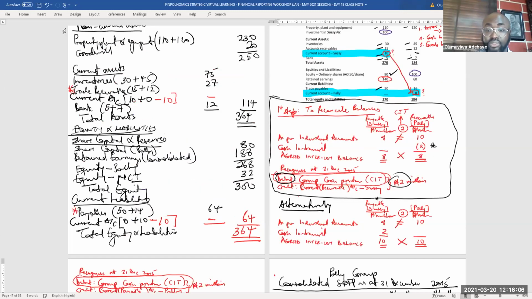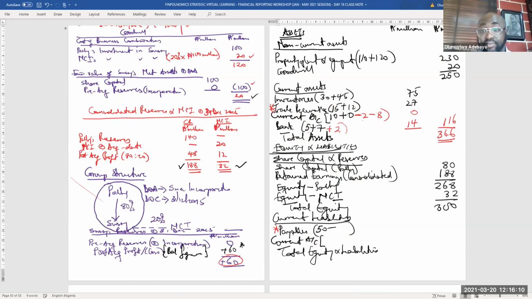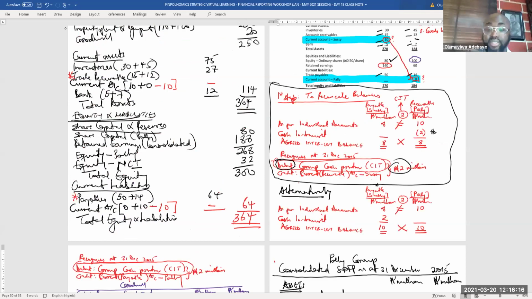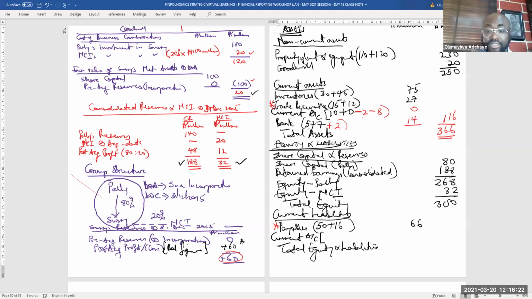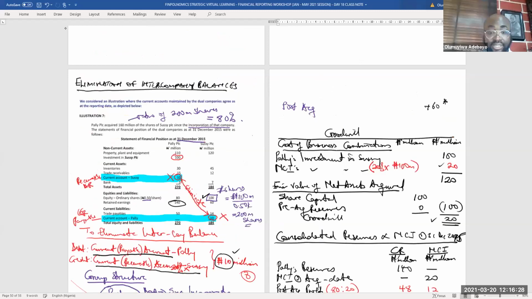What is the current account? It is 0, nil, and 8. But don't forget the adjustment we made mention of, where we said this 8, we have to eliminate it against the payable account.